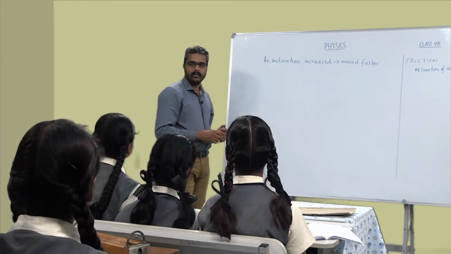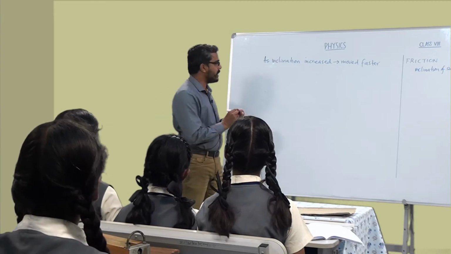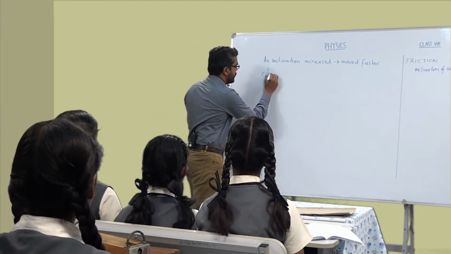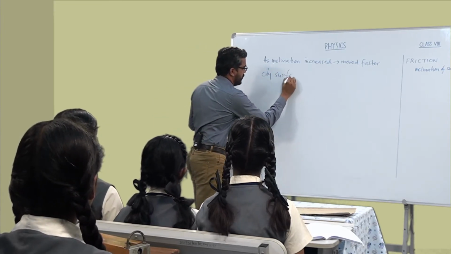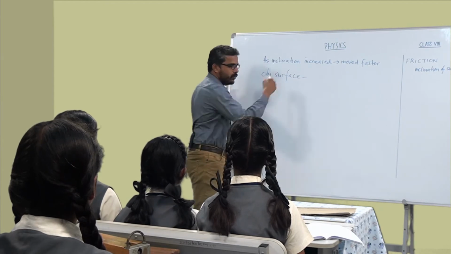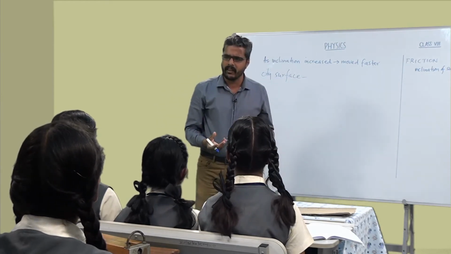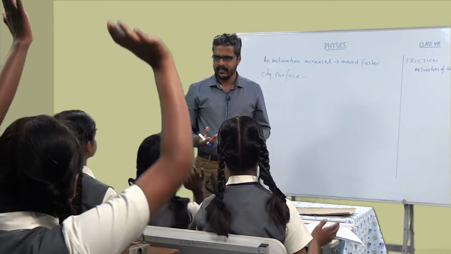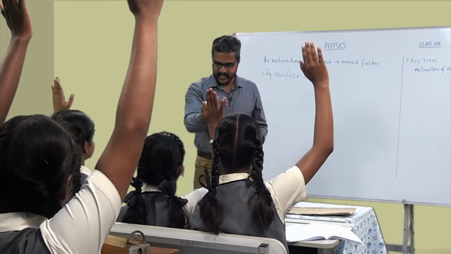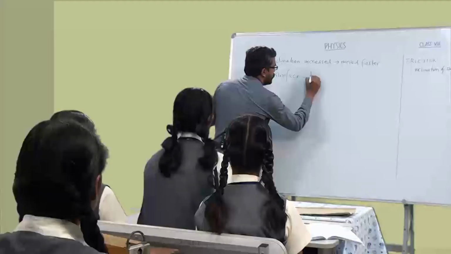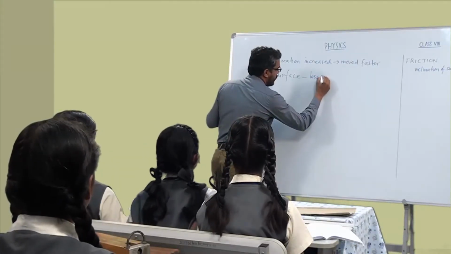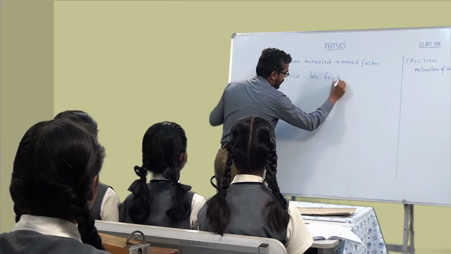Okay. Now on the oily surface, if the object wants to move faster, what about the friction on that surface? Friction will be less, right? So less friction on oily surface.